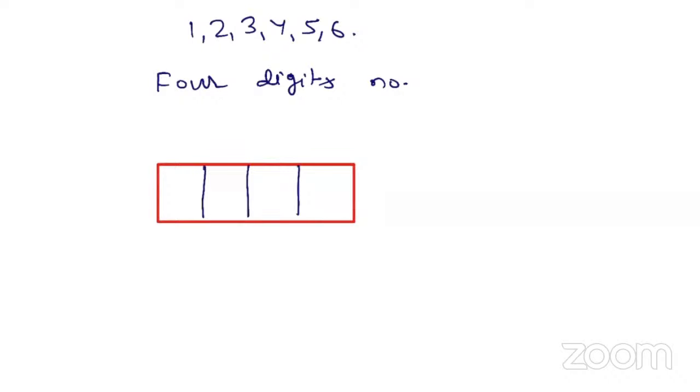The given digits are 1, 2, 3, 4, 5, 6. How many options do we have for any of the places? There isn't any restriction, so I can start from anywhere. So I'm starting from unit place. How many options do we have for unit place? 1, 2, 3, 4, 5, 6. Repetition not allowed. So first we have 6 options, right?